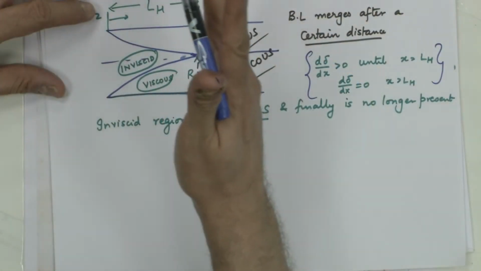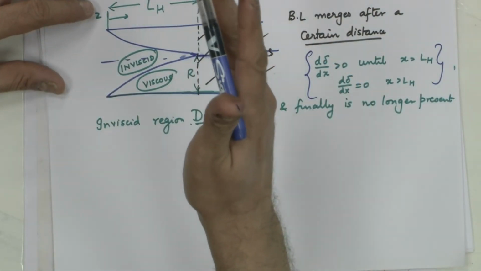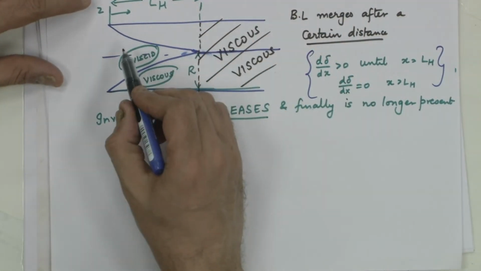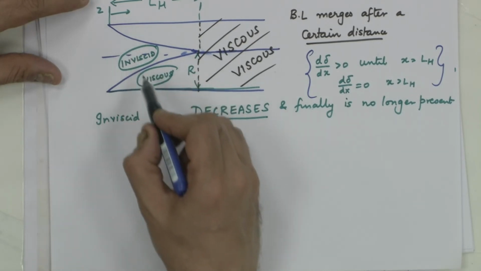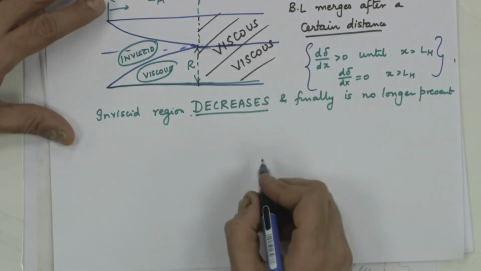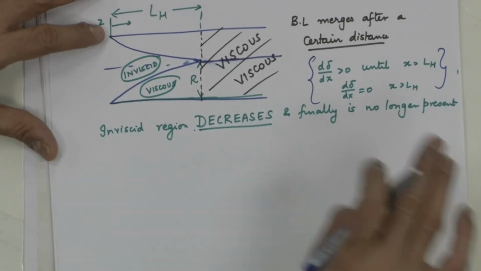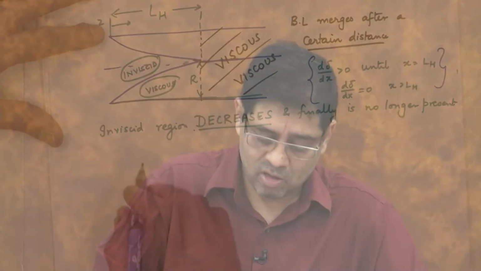Okay. So, because of this change in the flow characteristics from partly viscid, partly inviscid to completely viscous, what happens to my Navier-Stokes? I am not writing the cylindrical form of the Navier-Stokes.